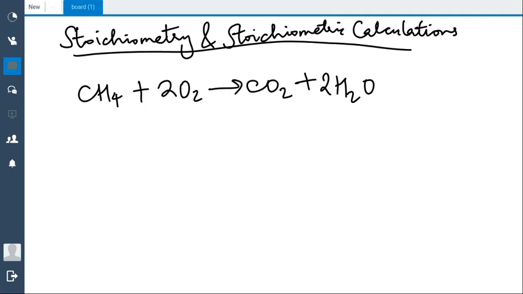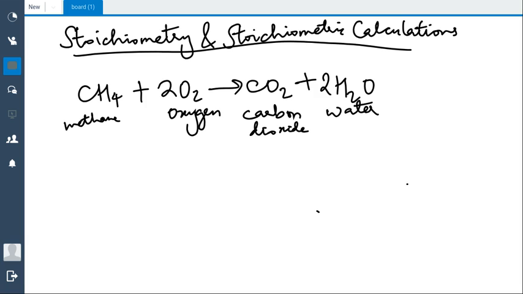okay, so what does this represent? This is methane, this is oxygen, this is carbon dioxide, and this is water.